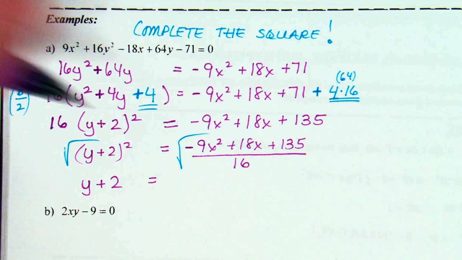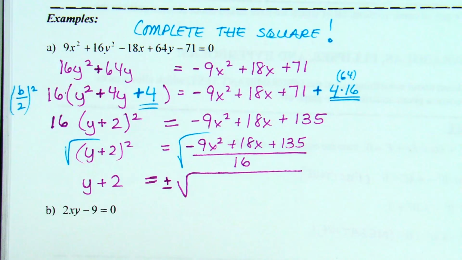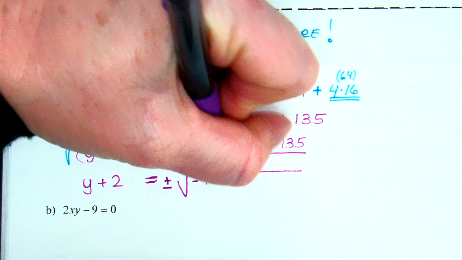What do I have to put in front of that square root? Okay, you cannot forget the plus or minus, or you're only going to get half of whatever we're graphing here. And I don't know if you guys have done the discriminant test or figured out which shape this is going to be, but you have to have the plus or minus.